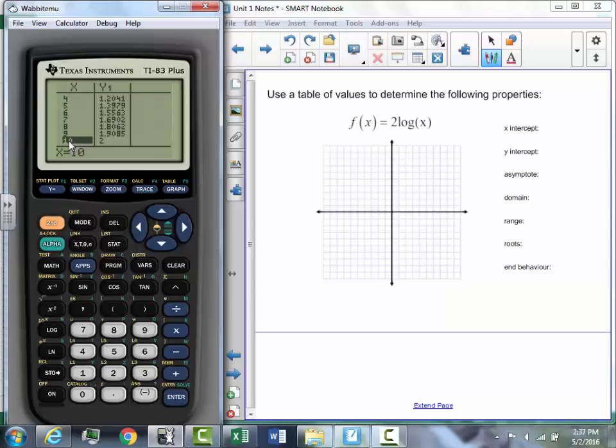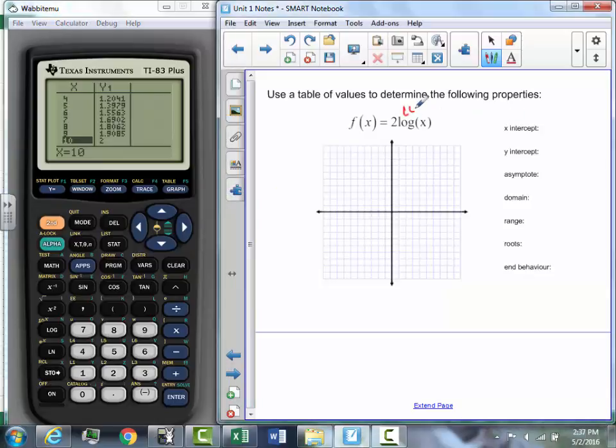So if I were to type in the number 100, it would be at 4, because 100 has 2 zeros, and then 2 times 2 would give you 4. So then 1,000 would be 6, because 1,000 has 3 zeros times 2. Then it would be 6.